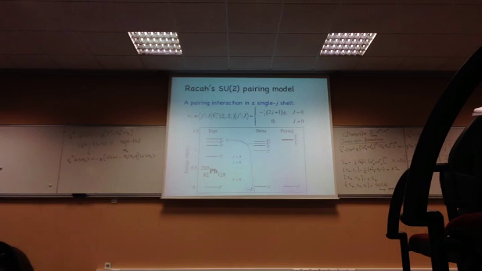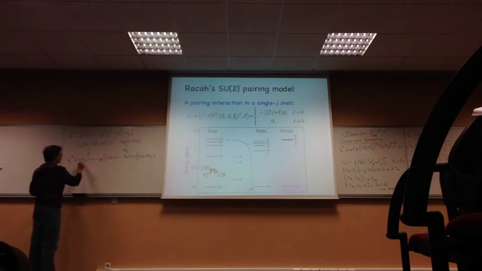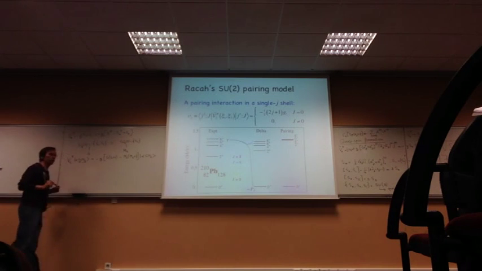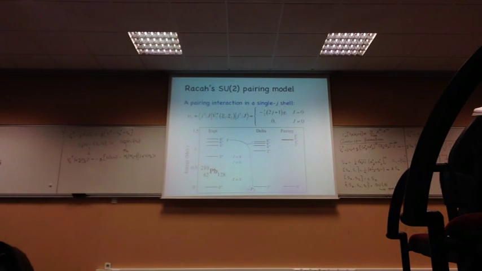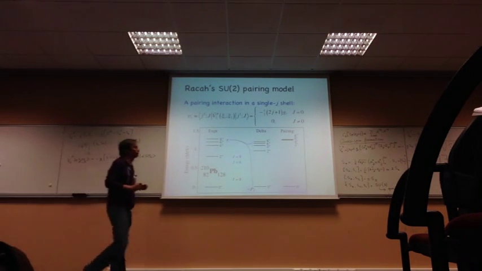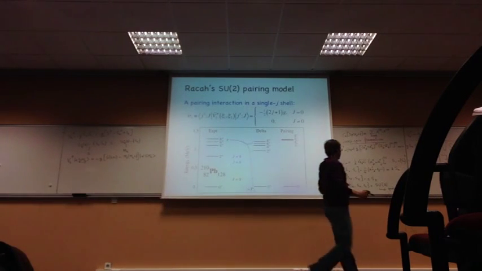That's the solution. Of course, we don't know yet what this ms and this S mean. What is the physical meaning of that? One is easy, because we had an expression here for SZ.